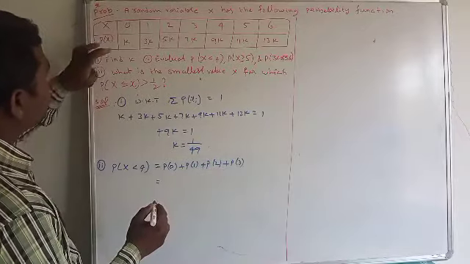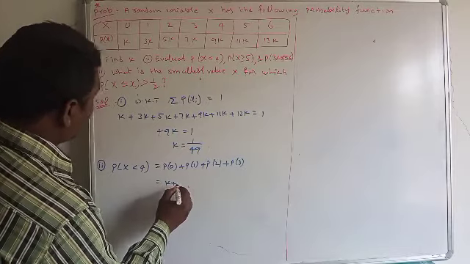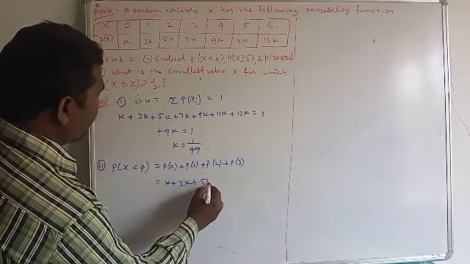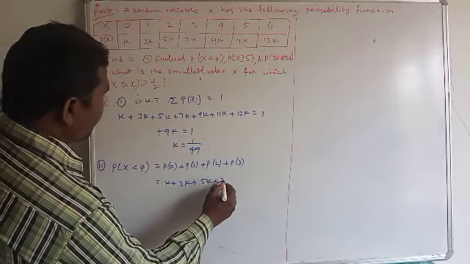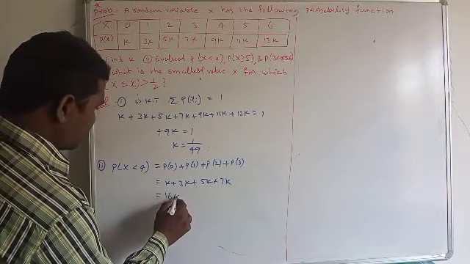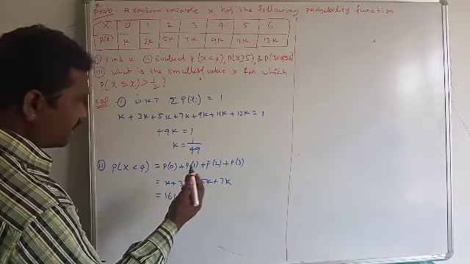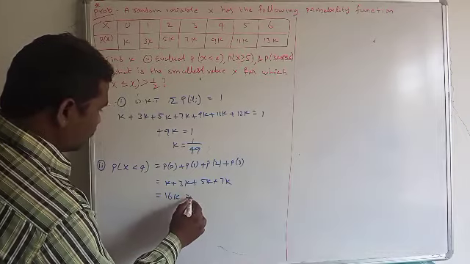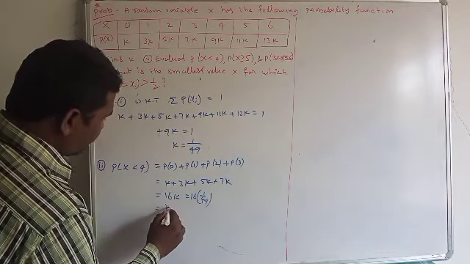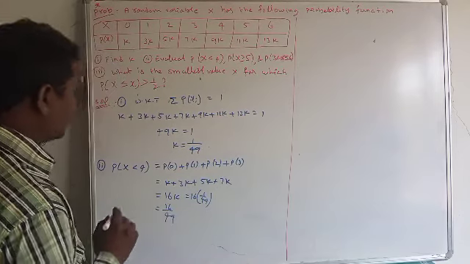The probability of 0 means k, probability of 1 means 3k, probability of 2 means 5k, probability of 3 means 7k. Finally, this is 16k: 1 plus 3 is 4, 4 plus 5 is 9, 9 plus 7 is 16k, and this is equal to 16 into k into 1 by 49, which is 16 by 49.